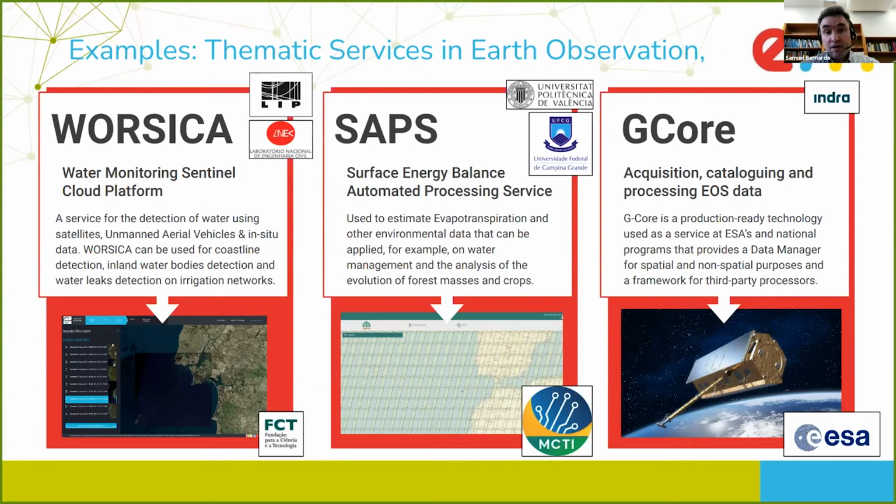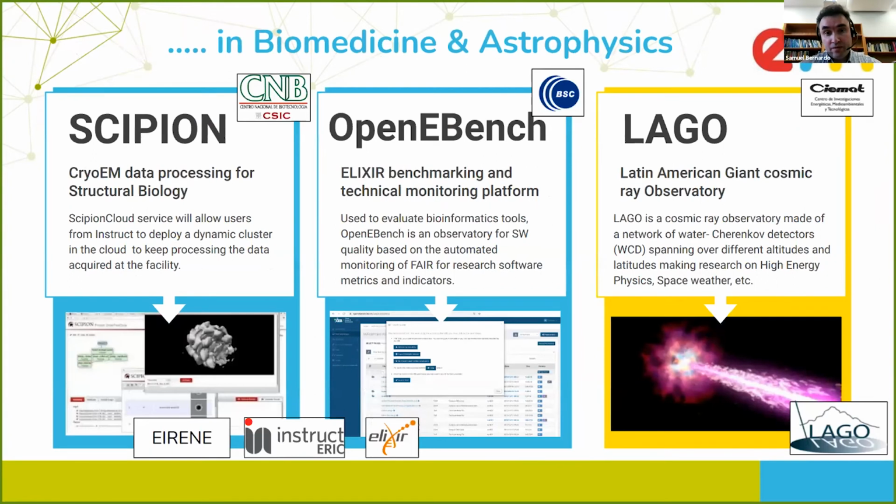And GCORE, that is used by European Space Agency and also national programs to provide a data manager for spatial and non-spatial purposes. We also have another thematic service on the biomedicine and astrophysics, CPION, to deploy a data processing cluster in the cloud for structural biology use cases. OpenEvents, used to evaluate bioinformatics tools for Elixir, that is an intergovernmental organization to join together life science resources across Europe. And LAGO, that is the Latin American Giant Cosmic Ray Observatory.